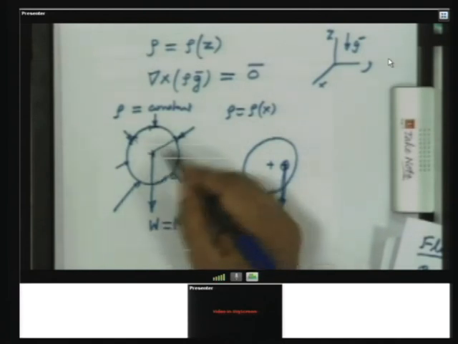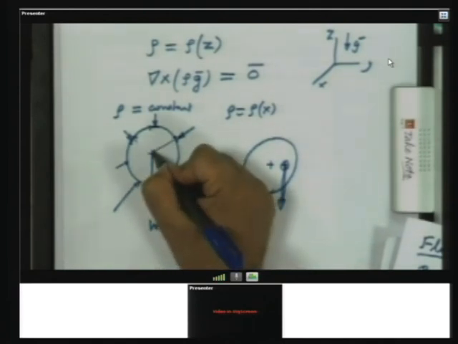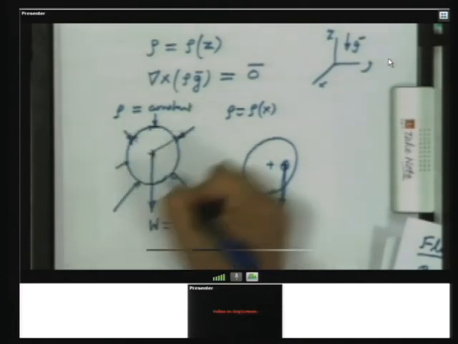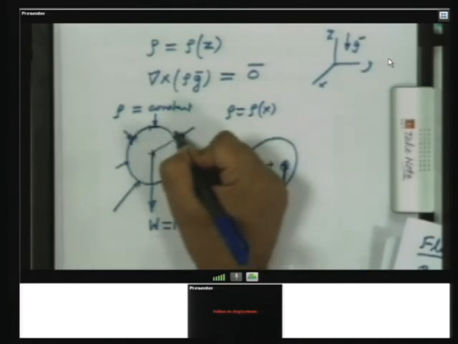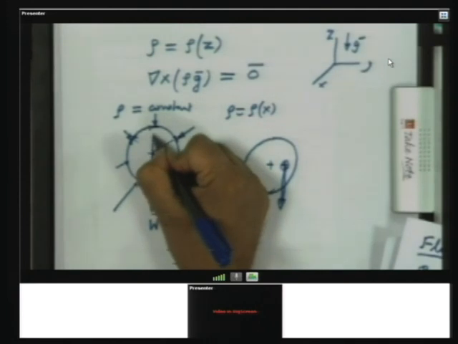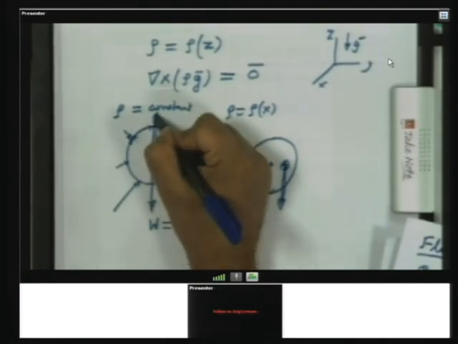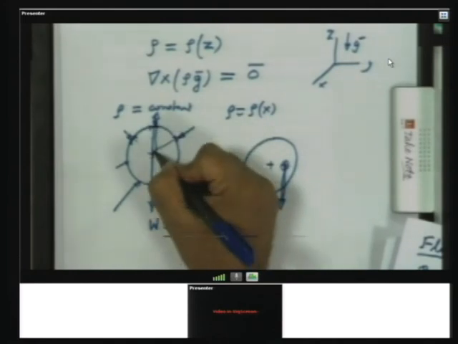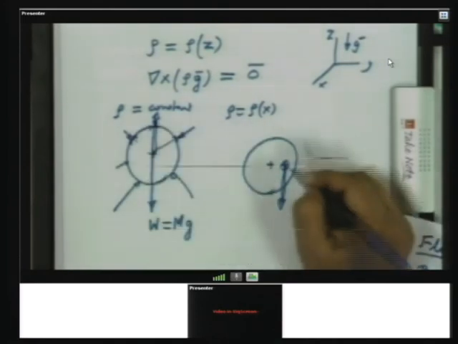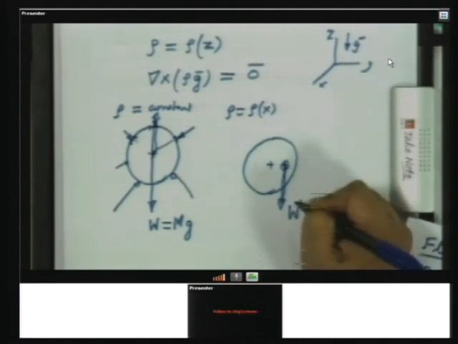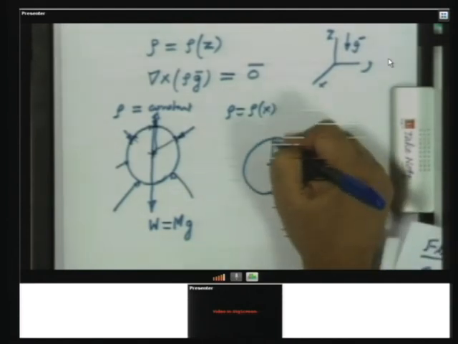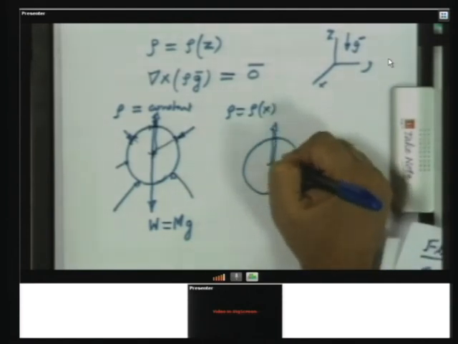So, there is a net force due to pressure, and that will act at the geometric center because the moment of these elemental forces are 0. So, you have the net force due to gravity downwards and the net force due to pressure upwards. These are going to be equal, but they are not going to act at the same point. Now, here let us say this is the weight, and the net force due to pressure will still act at the geometric center.